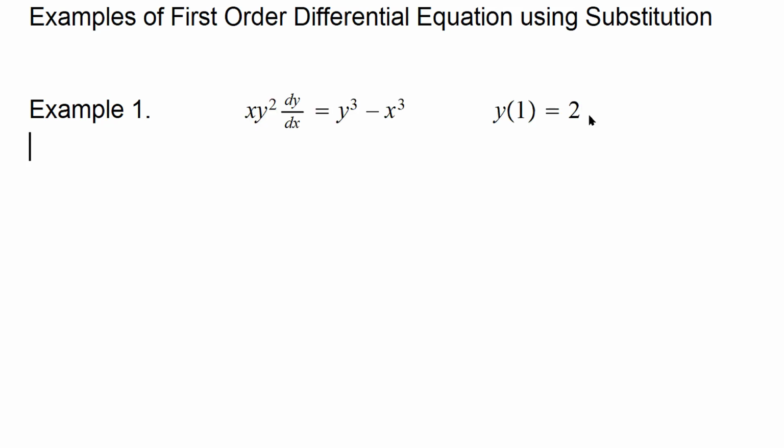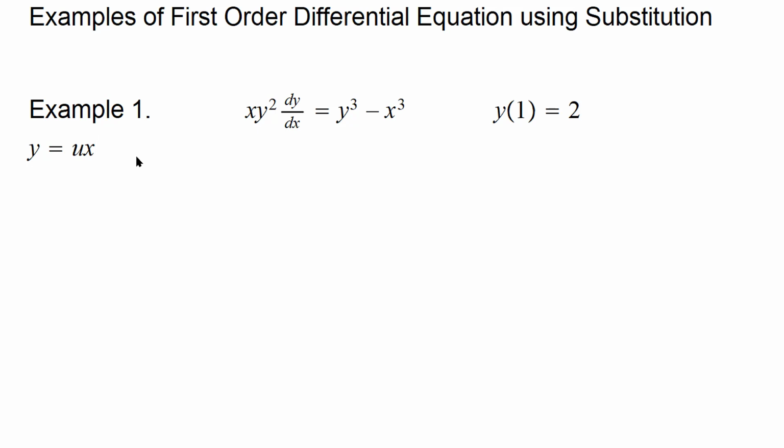So in here, what we notice is that the degree here is 3. And here also the degree is 3. So what we may try is this. Let us try a substitution like y equals a function multiple of x, that means this u is a function of x.